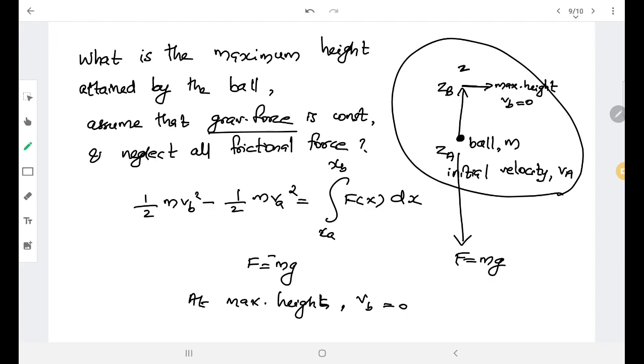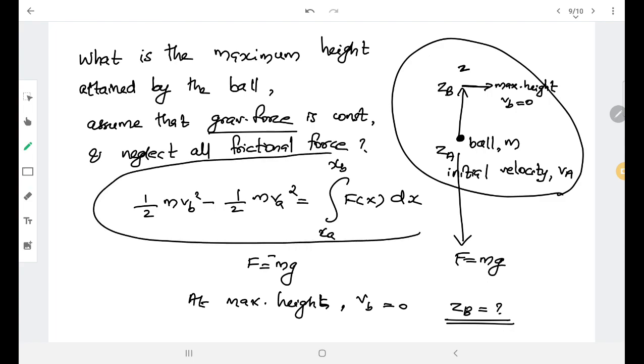Now you can complete this problem, and your aim is to find ZB. You have to find the maximum height attained by the ball by solving this equation. This is also a homework problem for you. Complete it using the given hints. I think today's topic is clear to you.